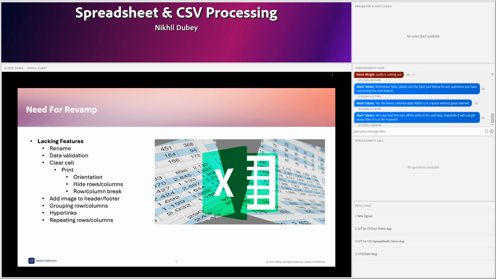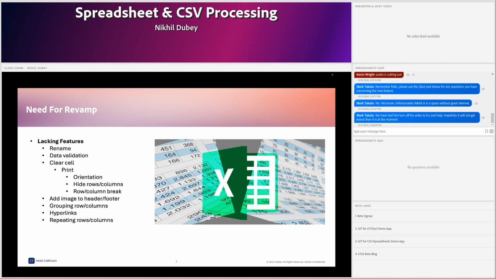And some of the functionalities related to print, like changing print orientation, or changing the layouts, or hiding rows or columns and inserting row or column breaks. Those sorts of things would not be possible with Cold Fusion. And even repeating rows, or even adding images to the header or footer.